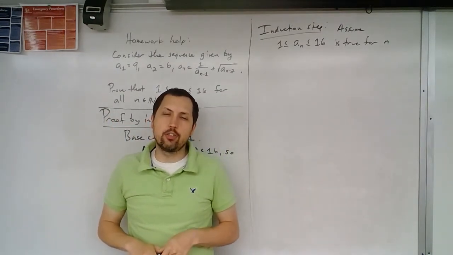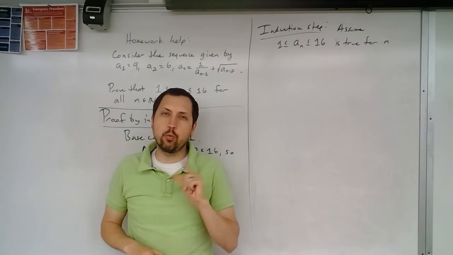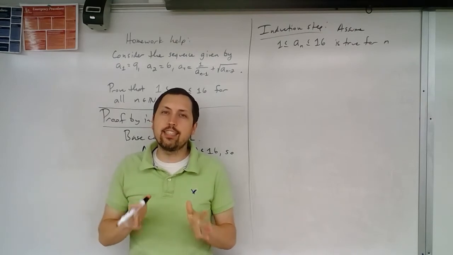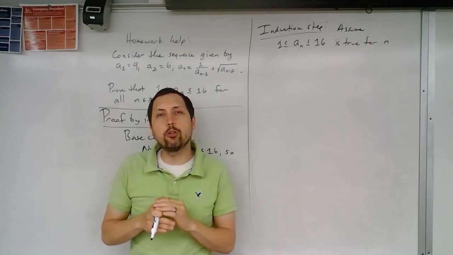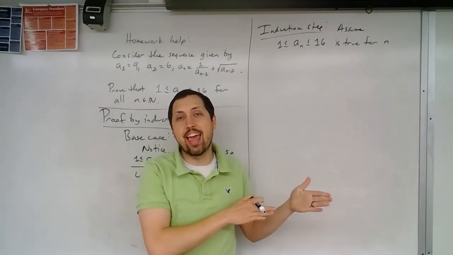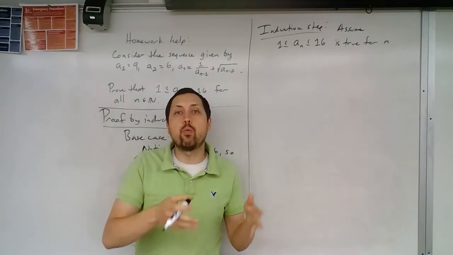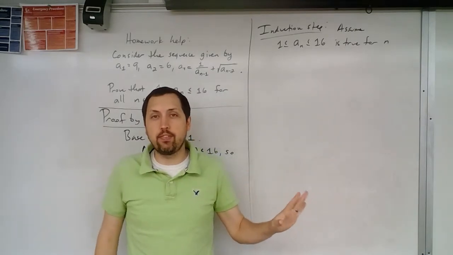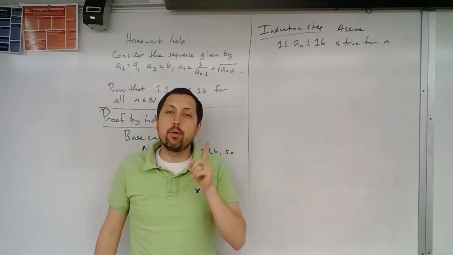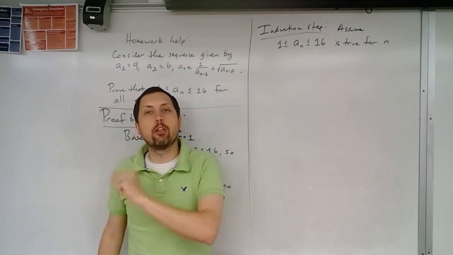Now, there's a slight twist on this. What we're really saying is that it's true for n, but it's also true for things less than n. So it's true for n minus 1, n minus 2, and all of the previous terms, but we're trying to show that it's true for n plus 1.